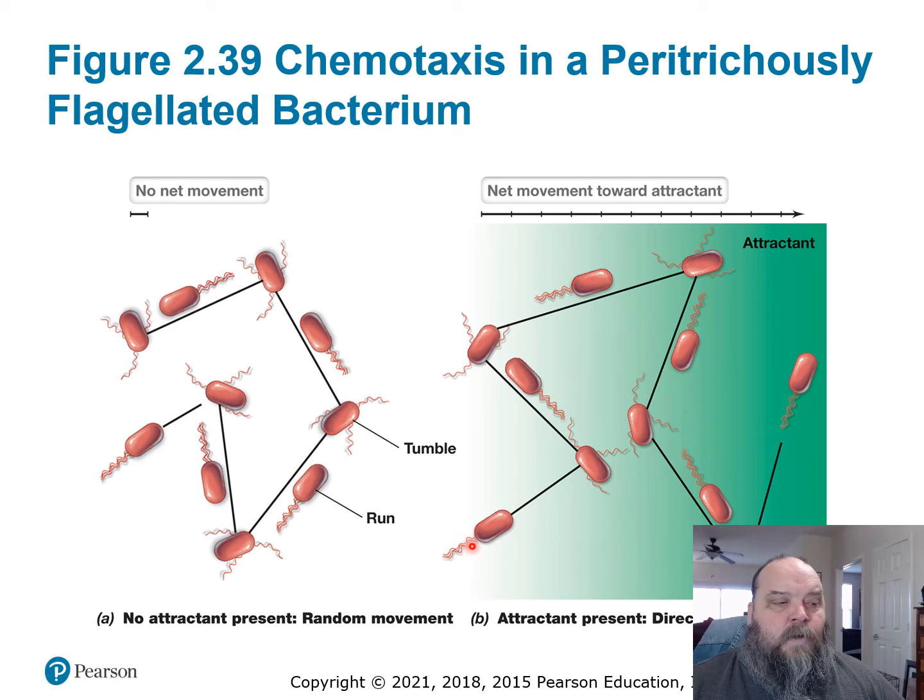And notice it's not going directly from low to high concentration. It's using this law of averages that random direction, take off, random direction, take off, random direction, until it hits the maximum, whatever this attractant was.